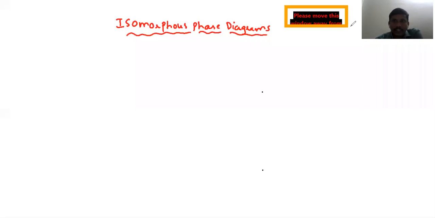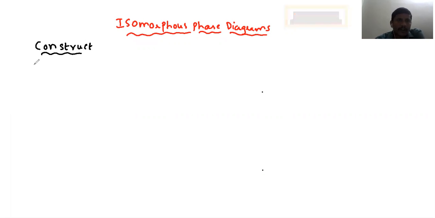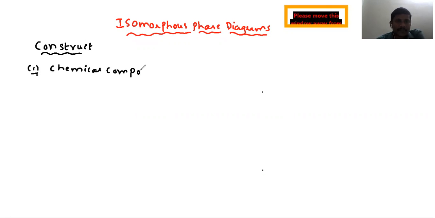Hello friends, in this video we'll be learning about isomorphous phase diagrams. In my previous video we have seen how we construct an isomorphous phase diagram. In this present video, by constructing an isomorphous phase diagram, we'll be learning how to find the chemical composition of different phases present in an isomorphous system.